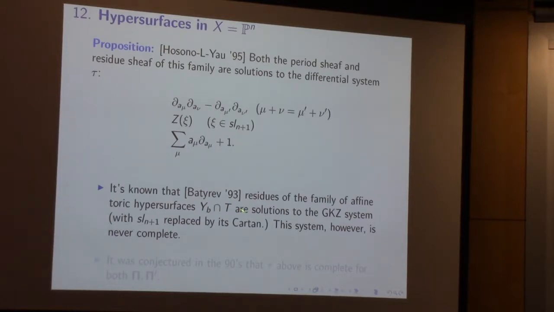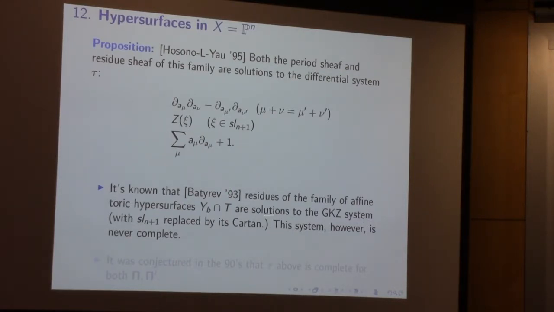you consider a slightly different problem, namely in affine geometry rather than in projective geometry, you look at the family of affine toric hypersurfaces. So you take this Calabi-Yau hypersurface and you intersect it with the dense torus inside your CP^n. So these are all a family of affine hypersurfaces, and you can still talk about residue and period in a completely formal way.